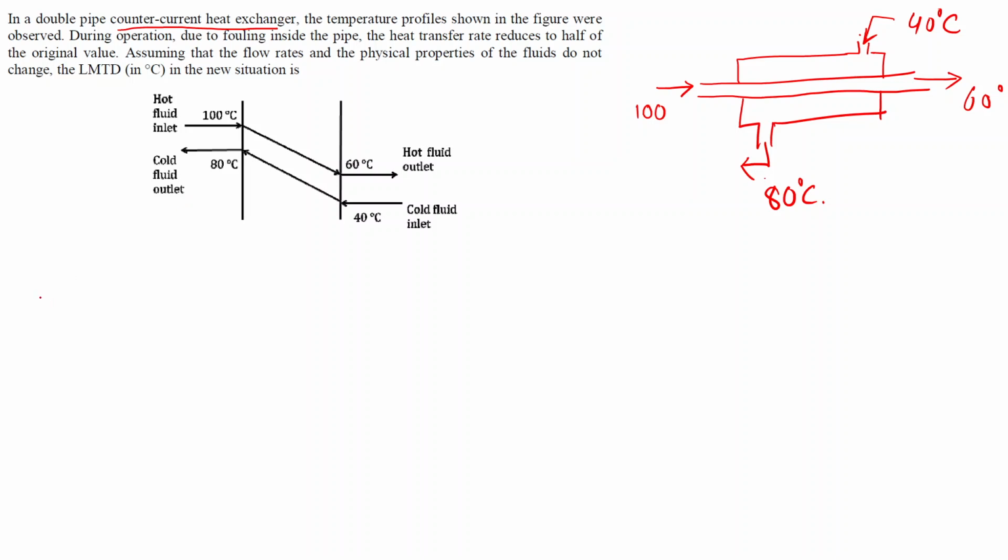So let's say for case 1, heat transfer rate was Q1, and for case 2, it reduces by half, that is Q1 by 2. So assuming the flow rates and the physical properties of the fluids do not change, we have to find the LMTD for this case.